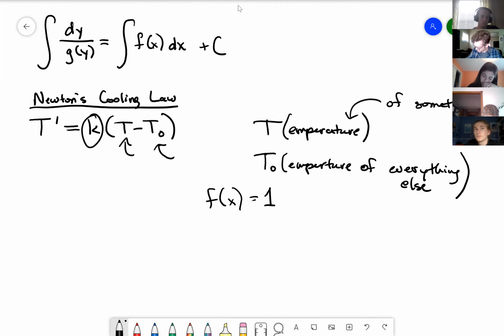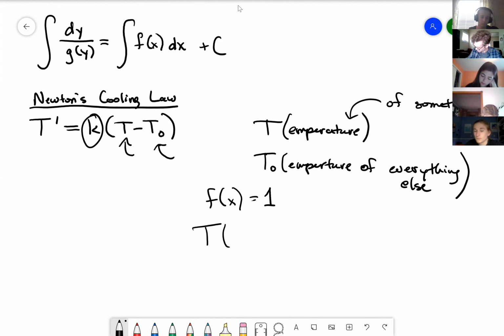And our solution, T of x, actually we'll think of our independent variable. This is happening through time. Call it t. And so there's a lowercase t and a capital T, and this is our solution.